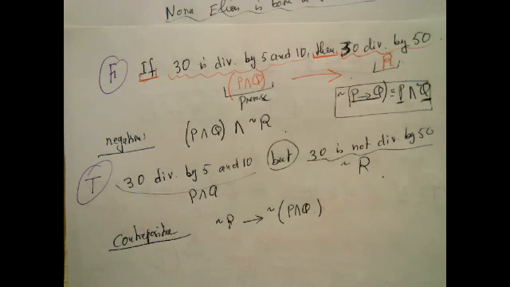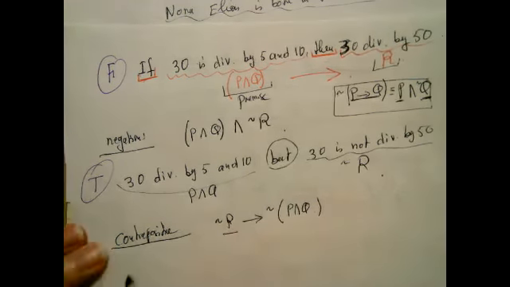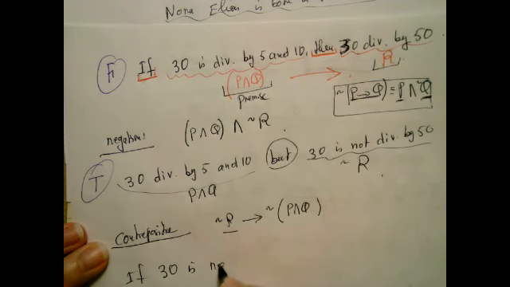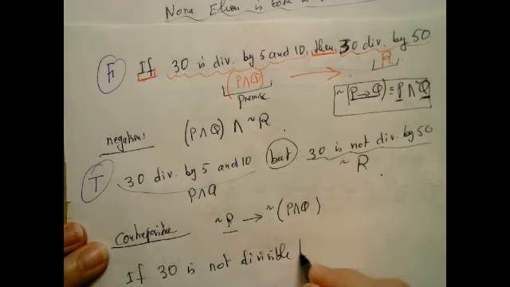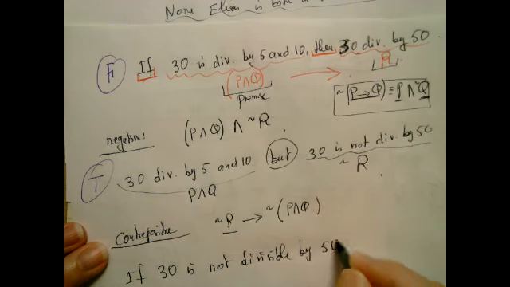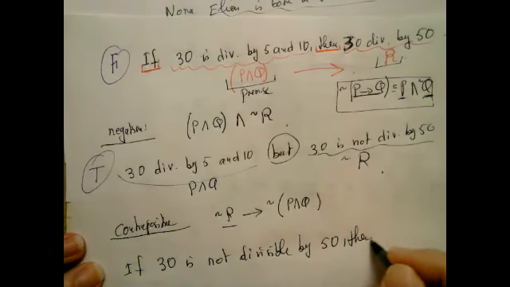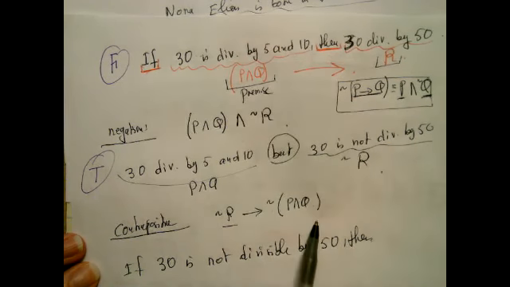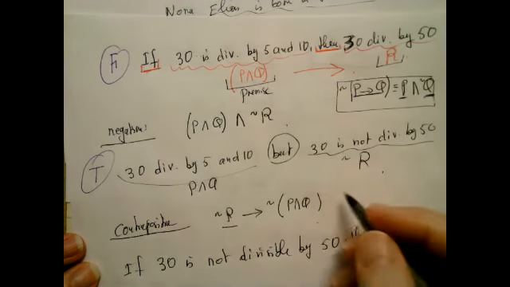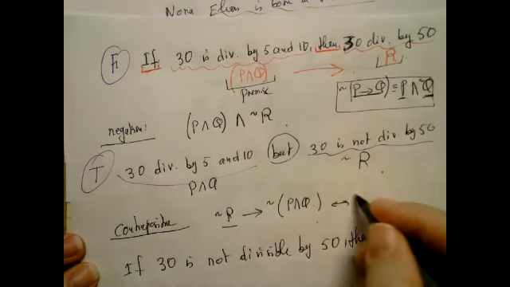If 30 is not divisible by 50, that's correct so far, then non-P and Q. But what's the negation of P and Q?